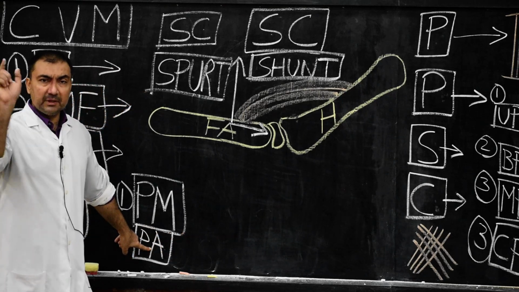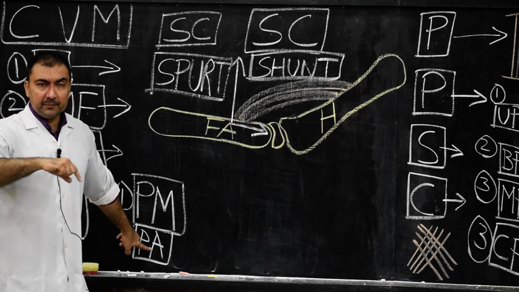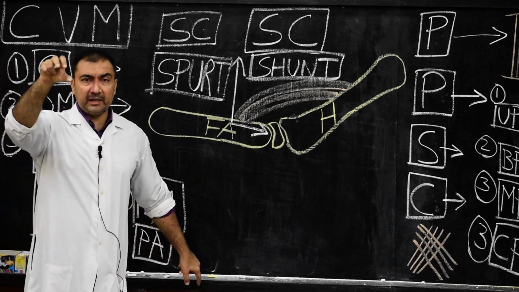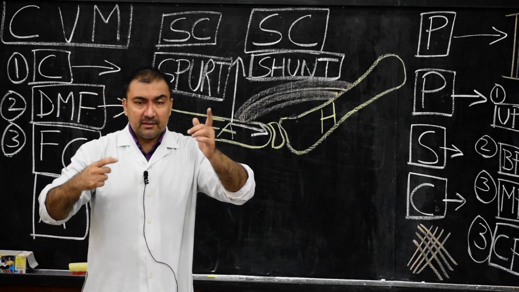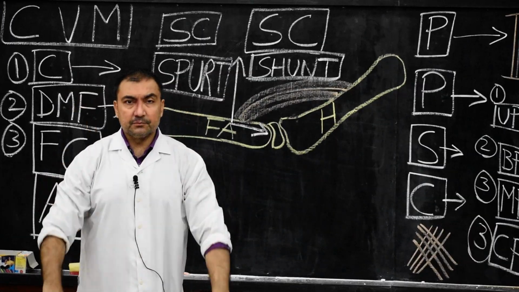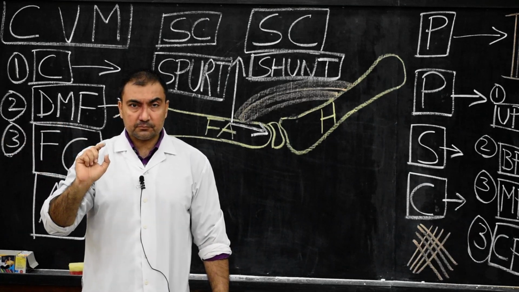For example, once again I'll repeat the definition, then example. Paradoxical action is the action of the prime mover which will help the opposite movement by lengthening against gravity. That is called paradoxical action.